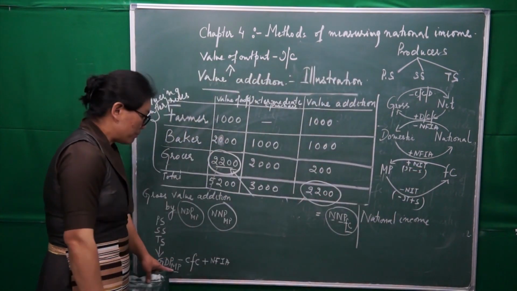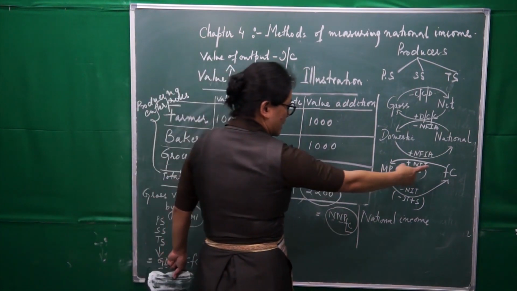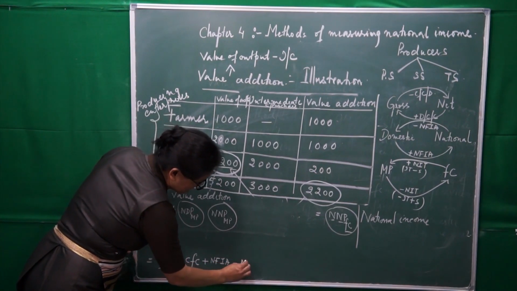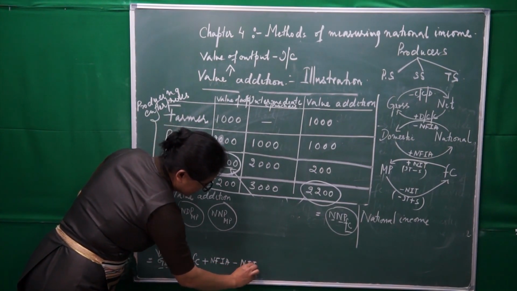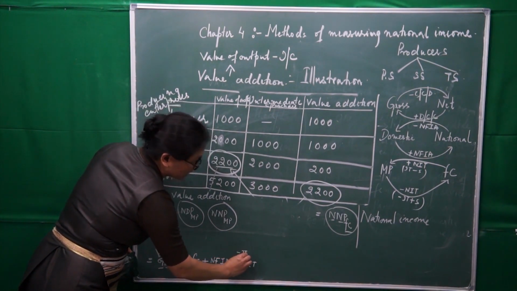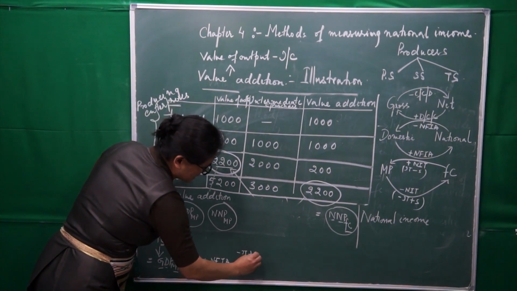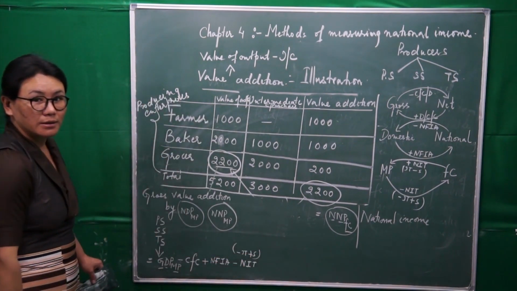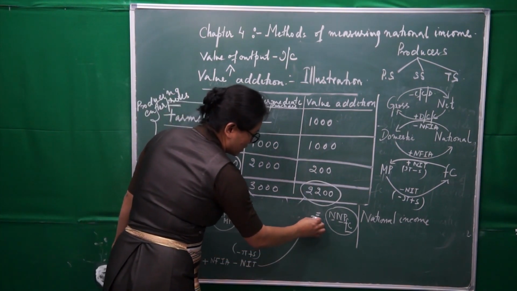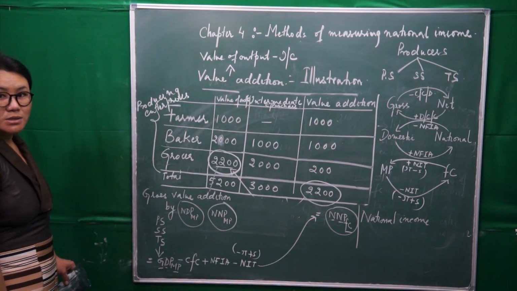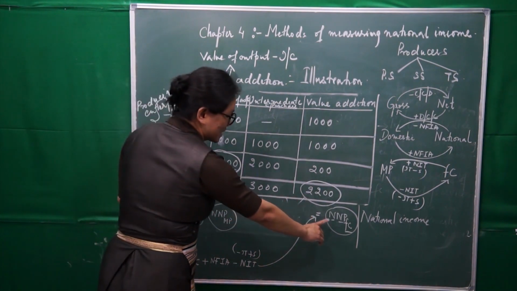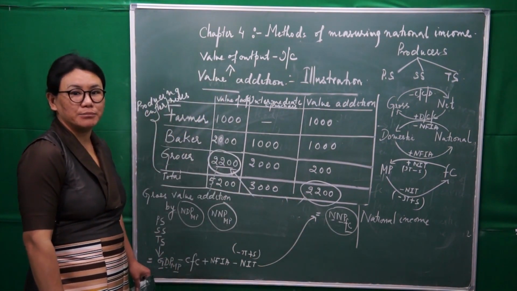Okay, now see here, MP into FC. So this one into FC means what we have to do? We have to deduct NIT. So under this one, NIT is minus IT and plus subsidy. Is that clear? Will be equal to, now see, this one. So we have changed the entire things here and converted it into national income.